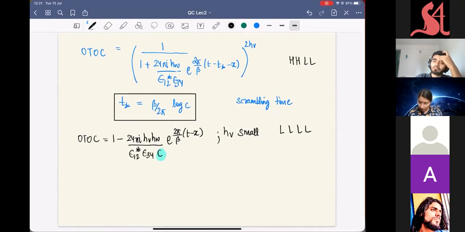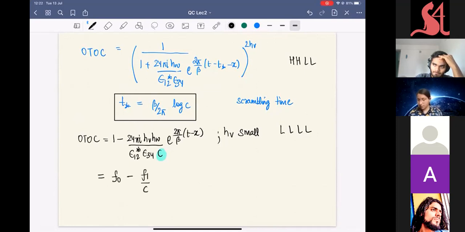So basically, in a quantum system, the out of time order correlator is of the following form, and the Lyapunov exponent here is 2 pi by beta.